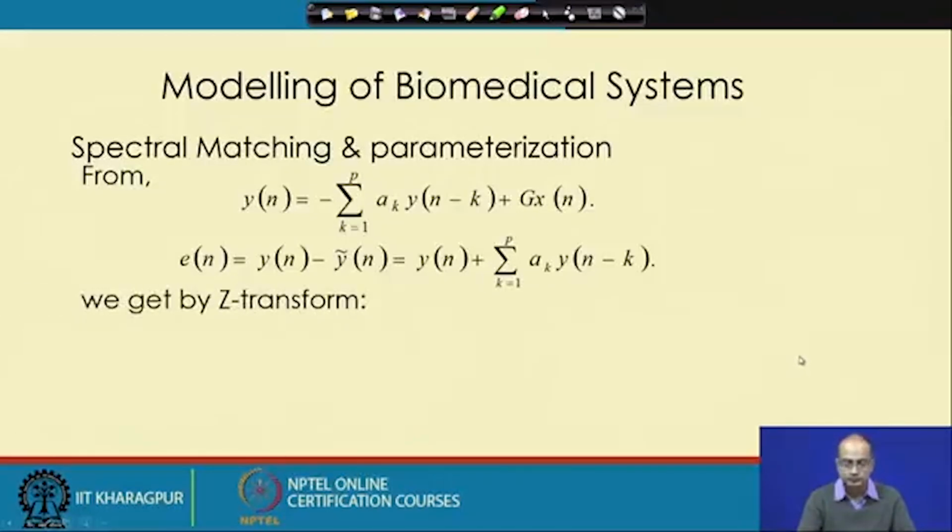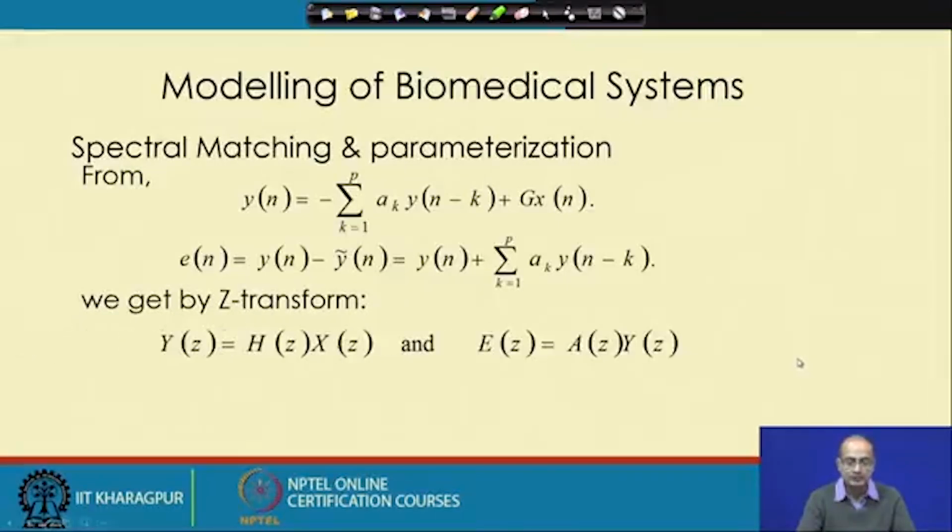So, if we take the z-transform in both cases of the equations we get, one for Y(z) in terms of H(z) and X(z), and another for the error term, E(z) in terms of A(z) and Y(z).